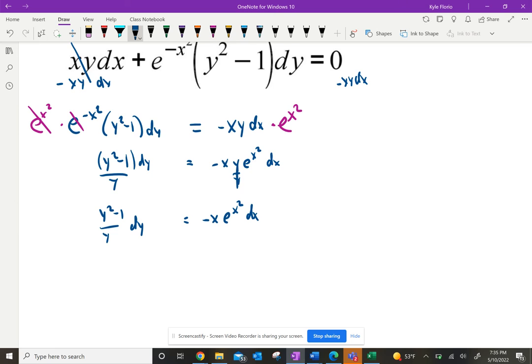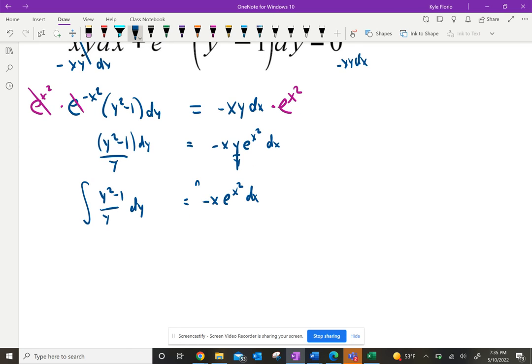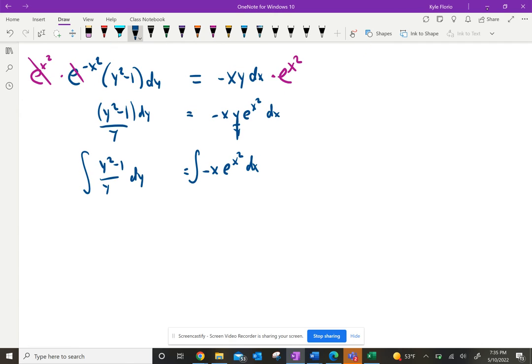So now we need to integrate both sides. This first side, the denominator just has a y in it. I could separate that into y squared over y and 1 over y. The y squared over y, one of the y's will cancel out. And then this will be easy to integrate. That's just going to be 1/2 y squared minus the natural log of the absolute value of y. This side I have e to the x squared, but I also have an x here, which is the derivative of x squared. So we can use a u substitution here.